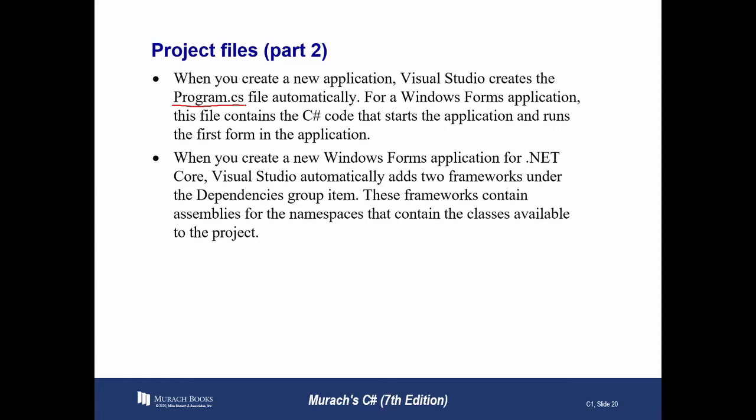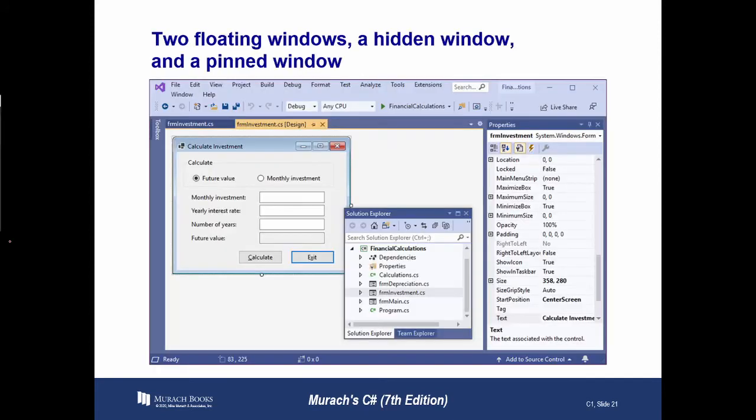So when you create a new Windows form application for .NET Core, Visual Studio automatically adds 2 frameworks under the dependencies group. And we'll look at the dependencies as well. These frameworks contain assemblies for the namespaces that contain the classes available for the project. And you can see in this view, where we've moved around some of the different boxes, in the Solution Explorer, that last file we were talking about, and these dependencies.